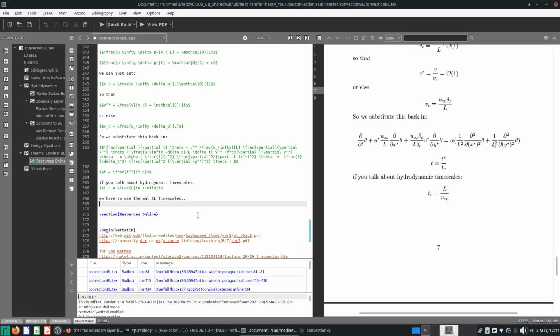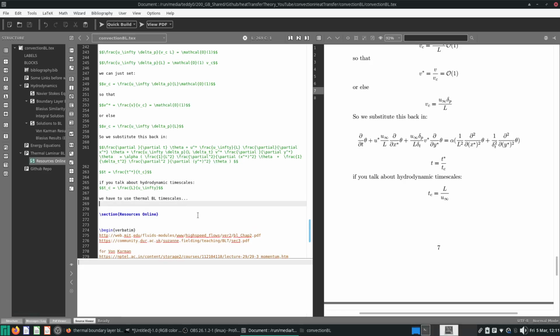So what are the timescales that deal with thermal boundary layers? One clue is that there's this alpha here, which is the thermal diffusivity.